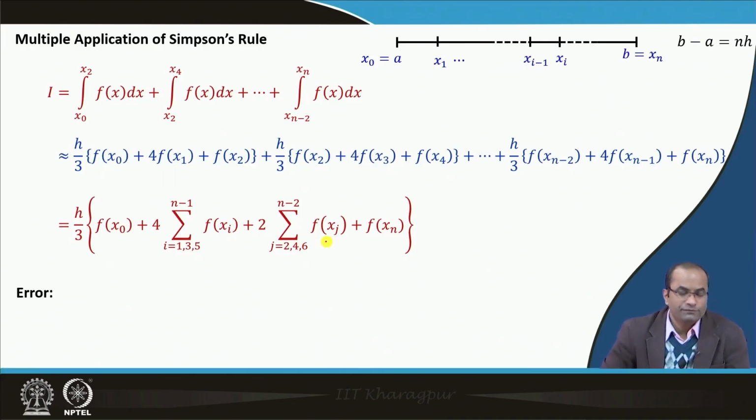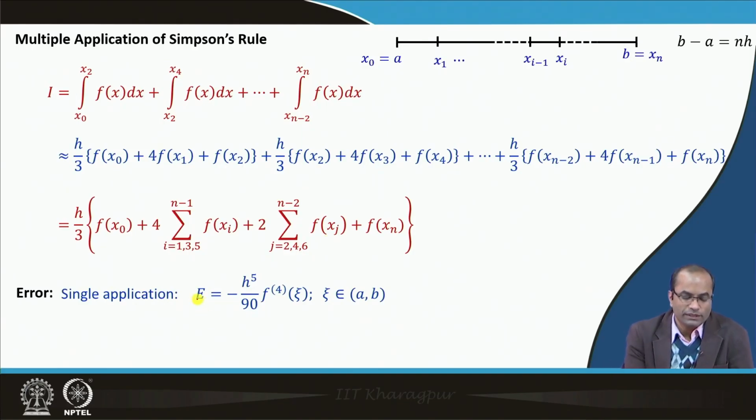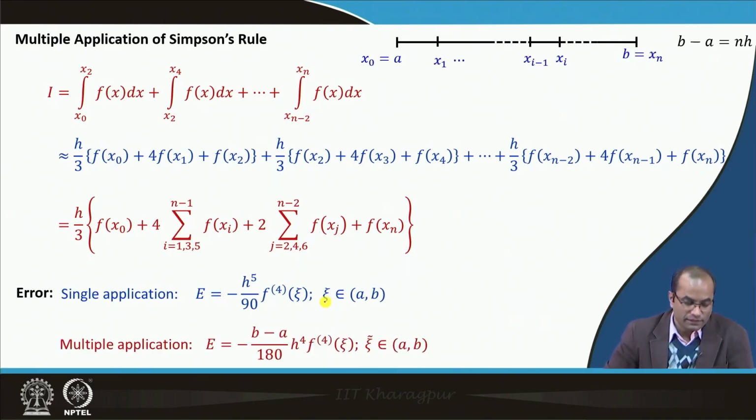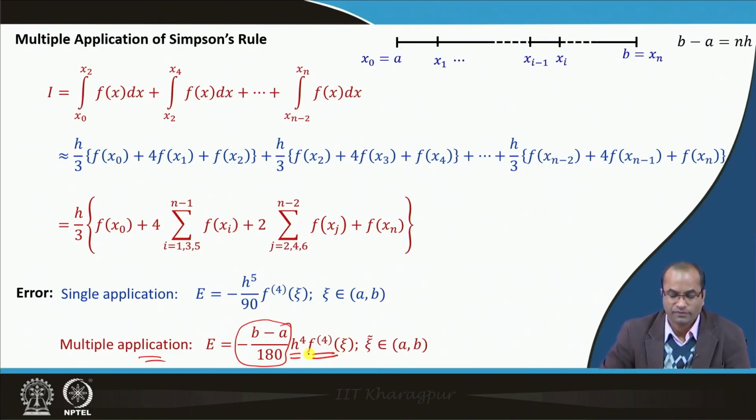Well, if we compute the error, we are not showing all the steps, but what comes out is that in the single application the error term will contain this h^5 and the fourth order derivative at this xi between the given interval, and in the multiple application we have (b-a)/180 times h^4 and the fourth order derivative at this xi.